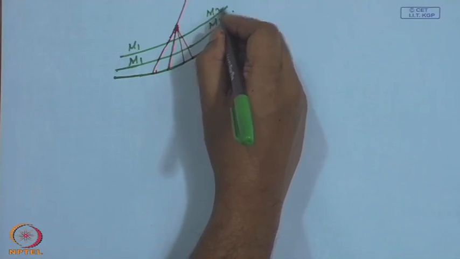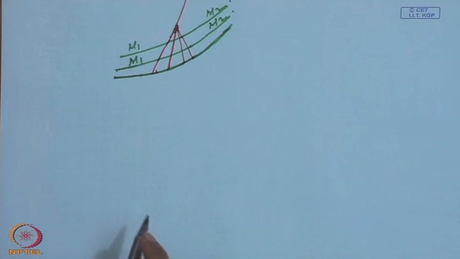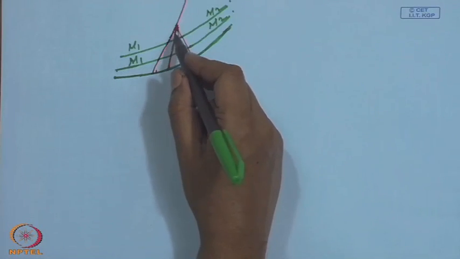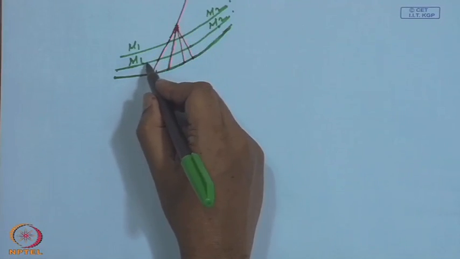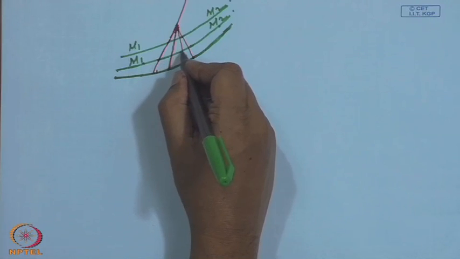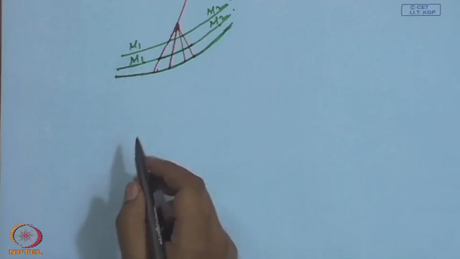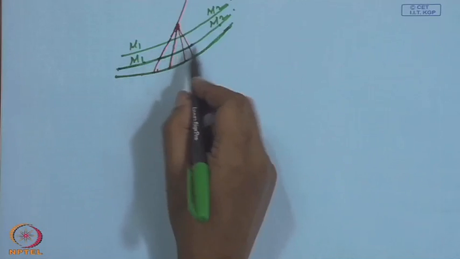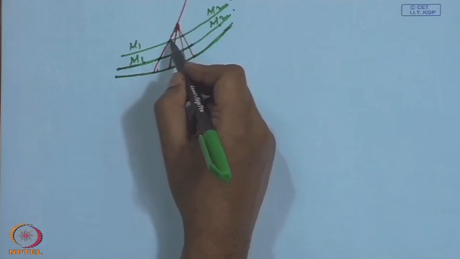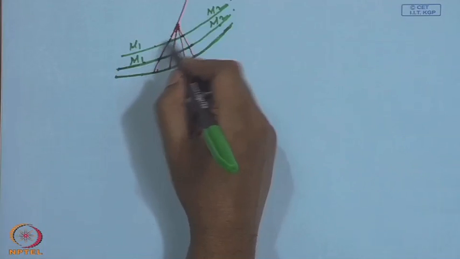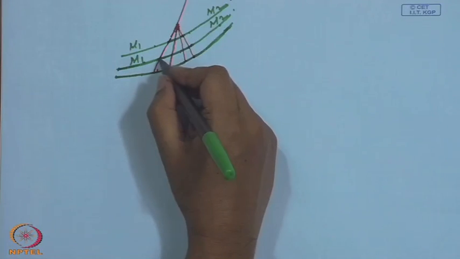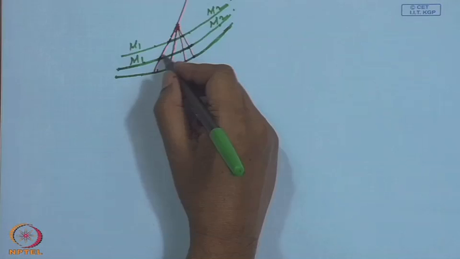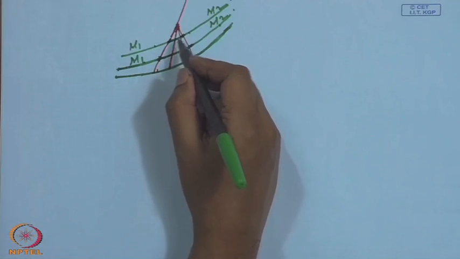The change from Mach number M 1 to Mach number M 2 occurs over this distance for this particular streamline. However, the same change occurs over this distance for this particular streamline, and since these Mach lines are convergent, this distance is considerably larger than this distance.